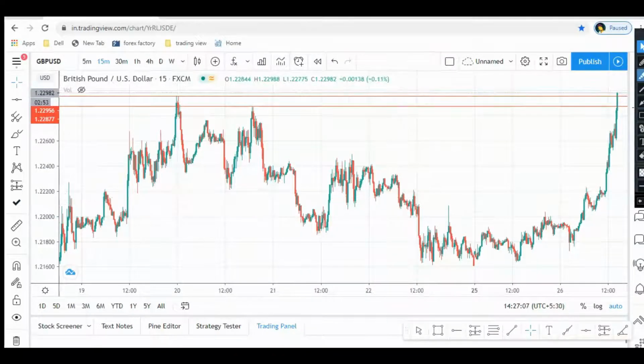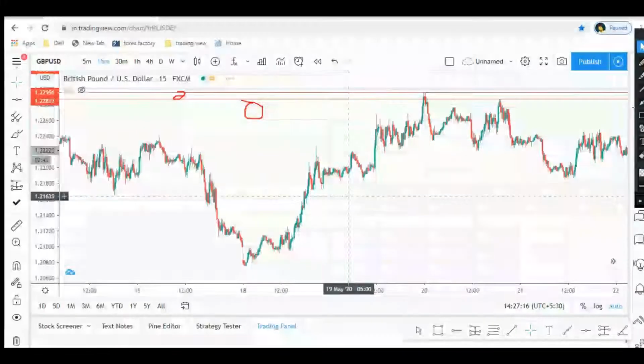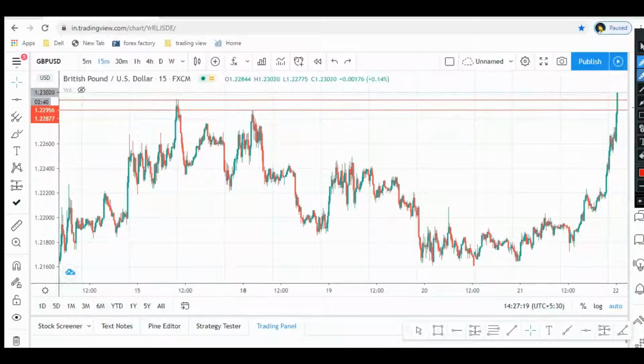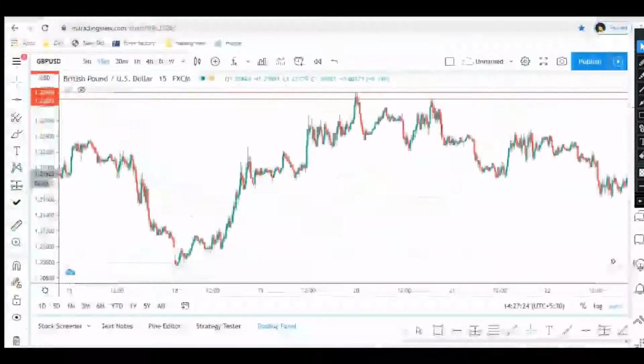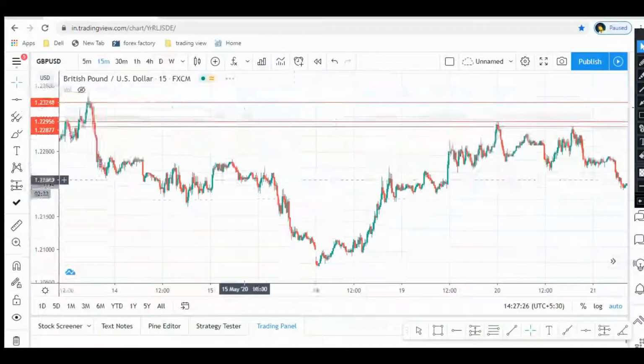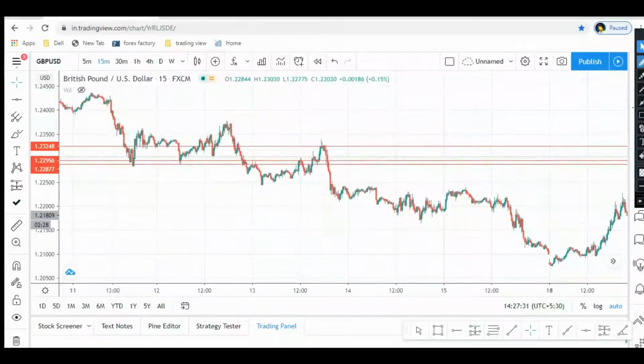First of all, you can see in the 15-minute chart, one time price has reacted, two times price has reacted, and let's go back. See, here price has reacted, here also price has reacted, and here also price has reacted as a support.